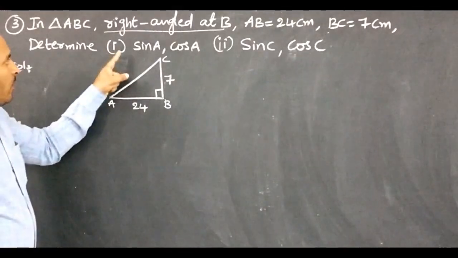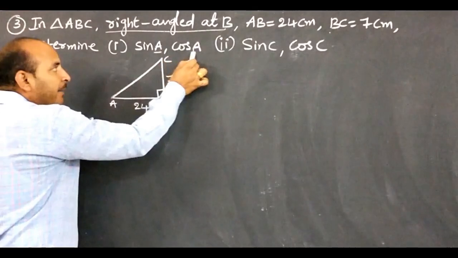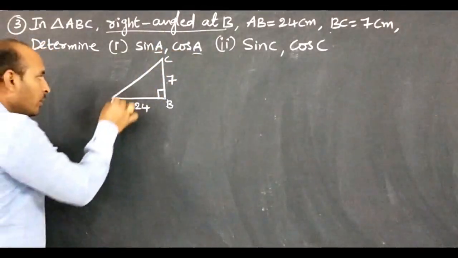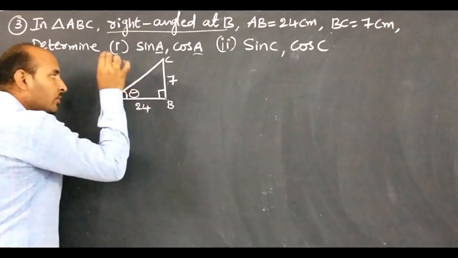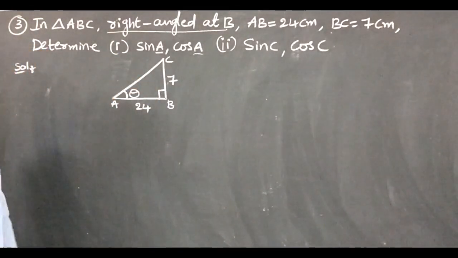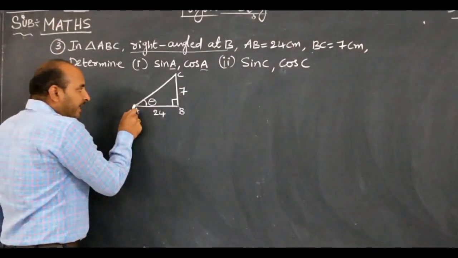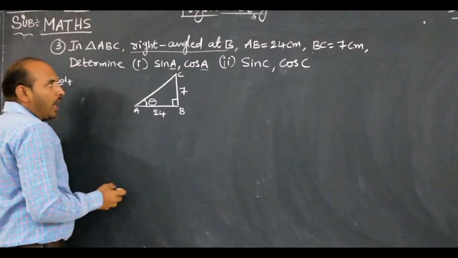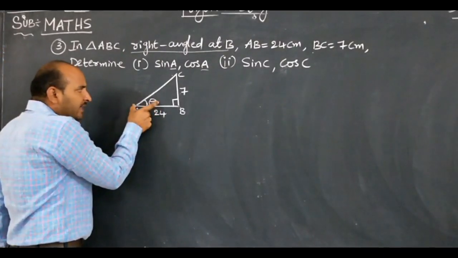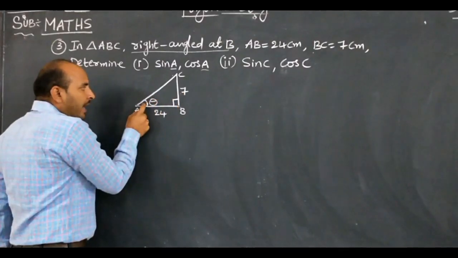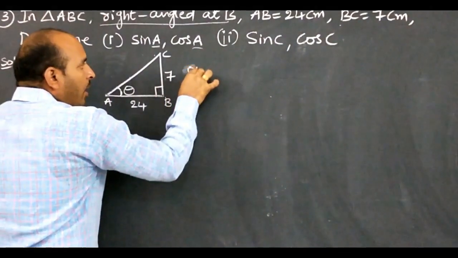Before that, observe the first bit, sin A, cos A. The angle is at A position. We don't know the angle, so let us take this as theta. Now we want to find sin A and cos A. The exact opposite side to this angle is the opposite side.